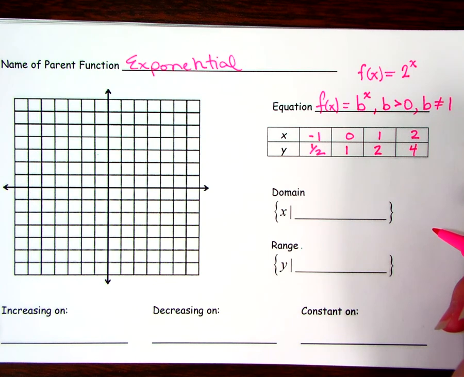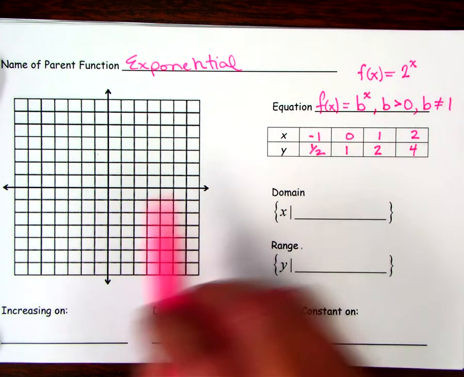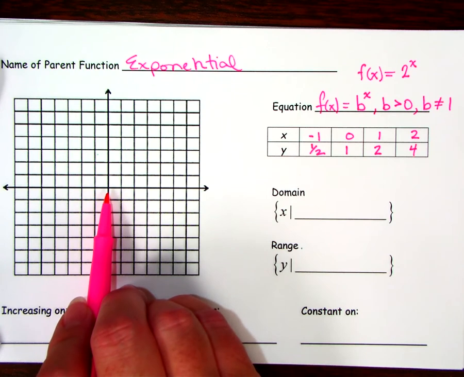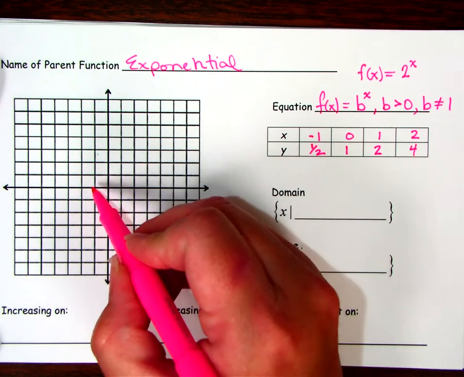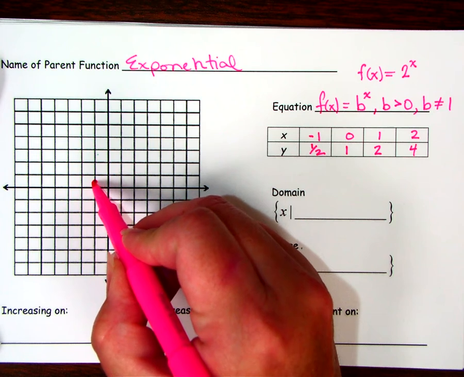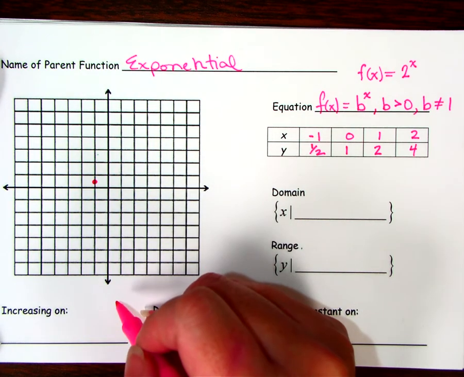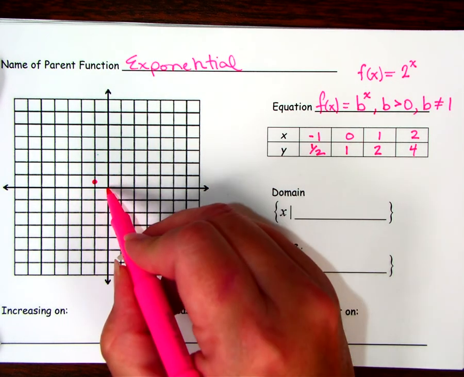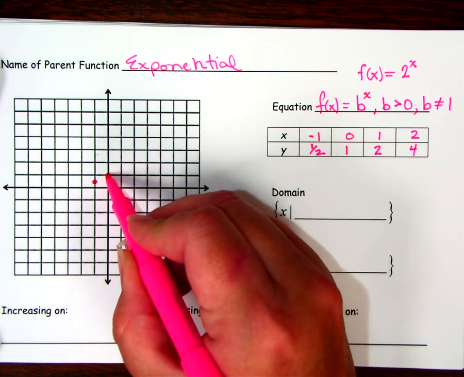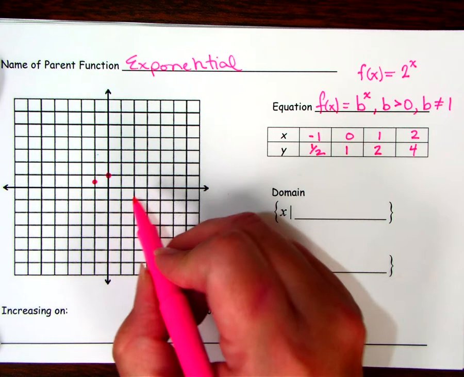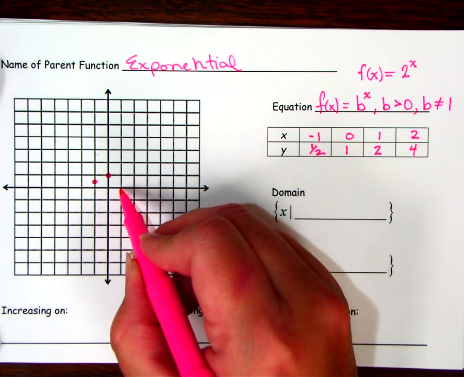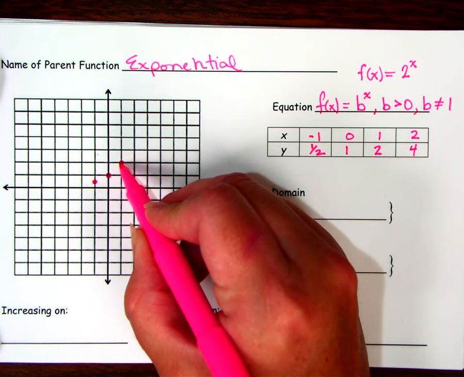We'll go ahead and plot these points and see if we can figure out what the graph looks like. So -1, 1/2: start at the origin, go to the left 1 and up 1/2. 0, 1: start at the origin, go over 0 and up 1. 1, 2: go to the right 1 and up 2.